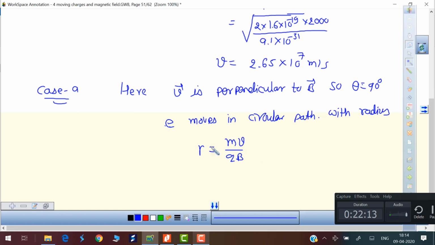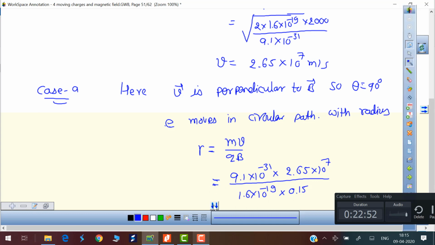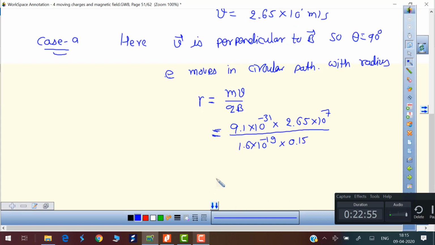We compared centripetal and centrifugal force to get the radius: mv square upon r is equal to qvB. So if we put all these values, 9.1 into 10 raised to minus 31 into velocity, we calculated 2.65 into 10 raised to 7, divided by charge 1.6 into 10 raised to minus 19 into magnetic field B is 0.15 Tesla. You may wonder why we do not use the negative sign. Here we are calculating the radius, not the direction. When it is about direction, positive and negative should be considered.